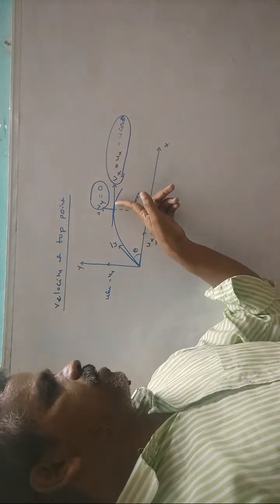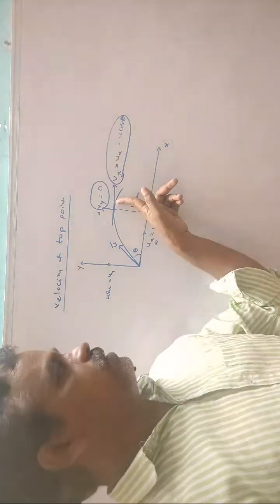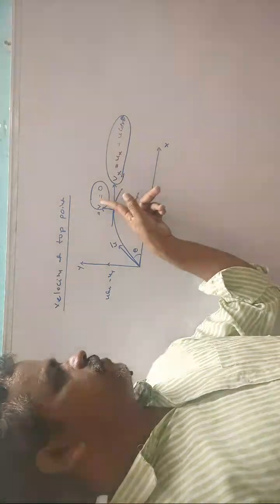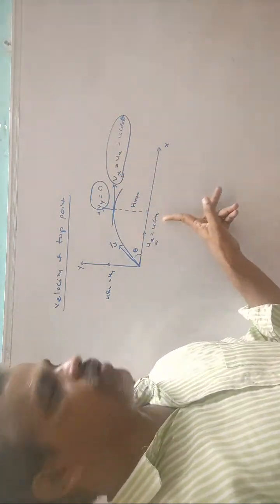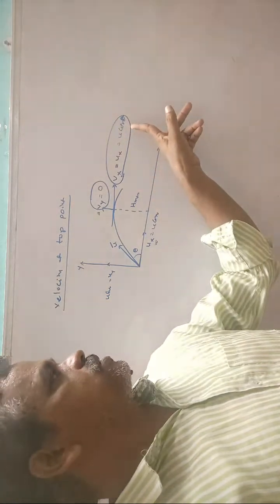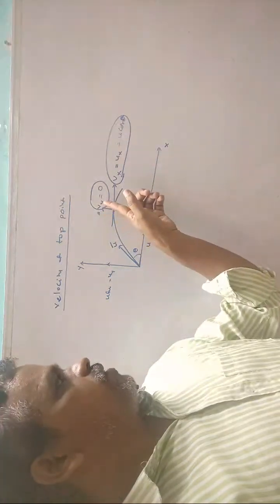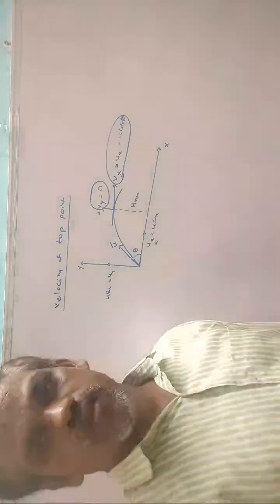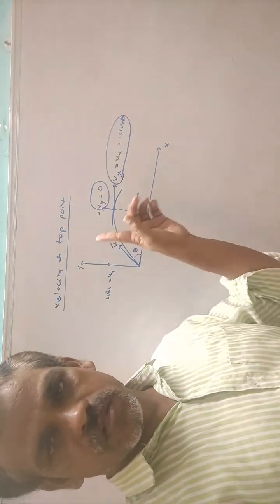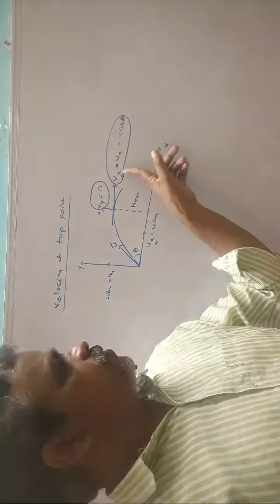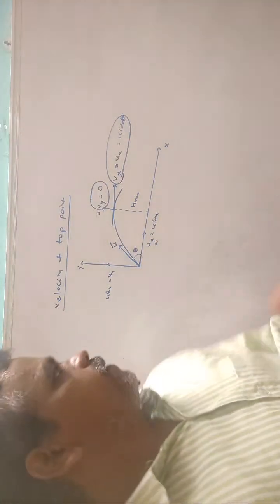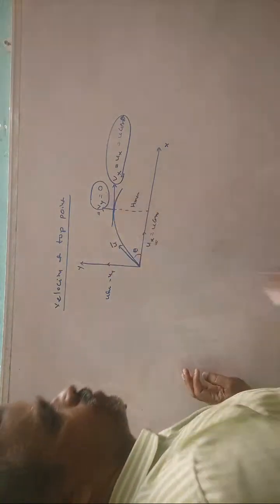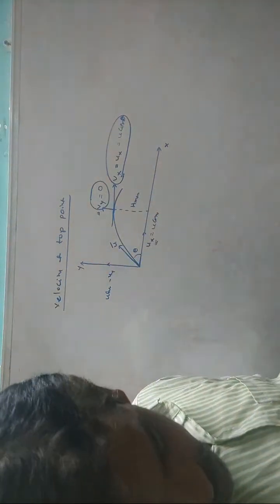At the maximum height point, it has two components, vx and vy. So vx is nothing but ux, that is equal to the horizontal component of initial velocity, that is equal to u cos theta. And what about vy? Vy is equal to 0. So at the maximum point, vy is 0 and vx is u cos theta. You just write this figure and the concept.